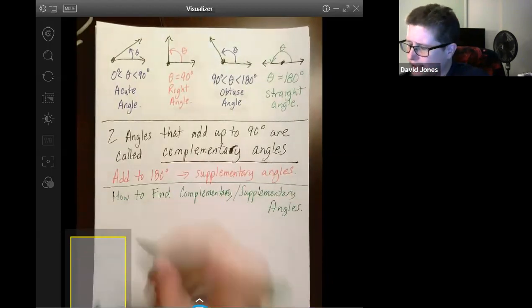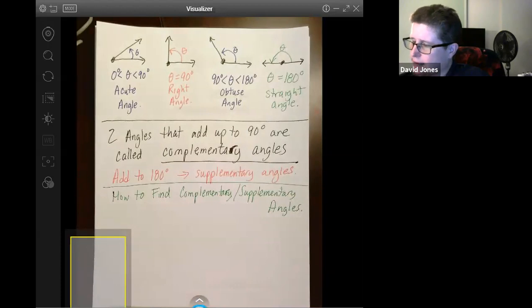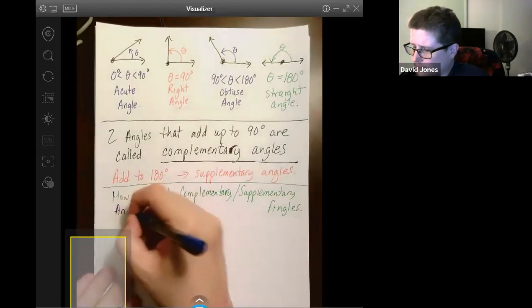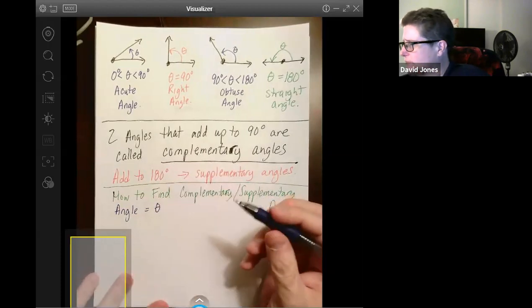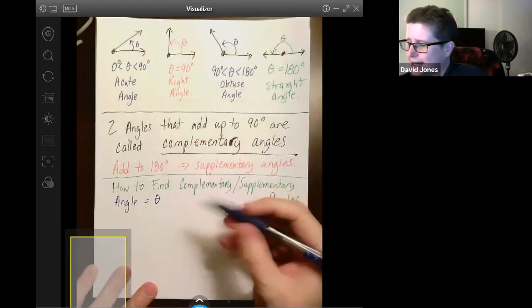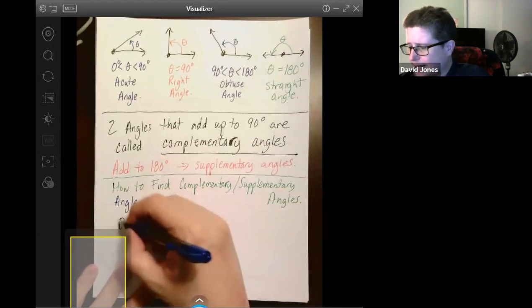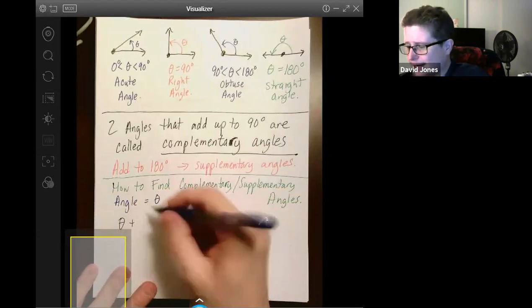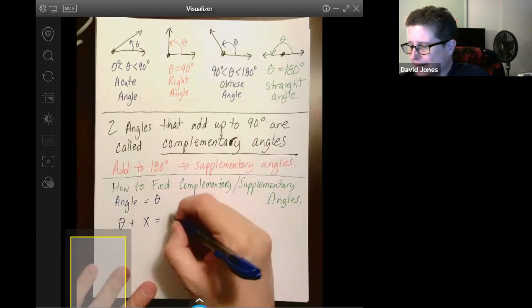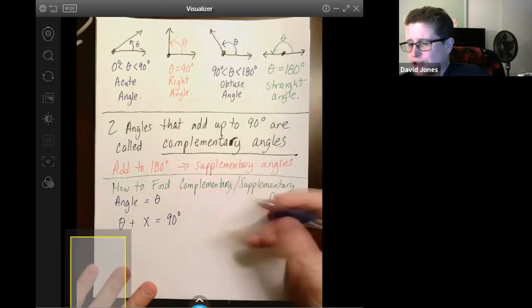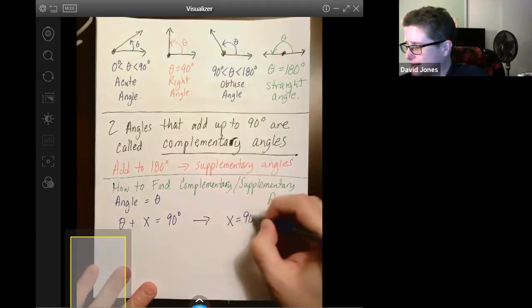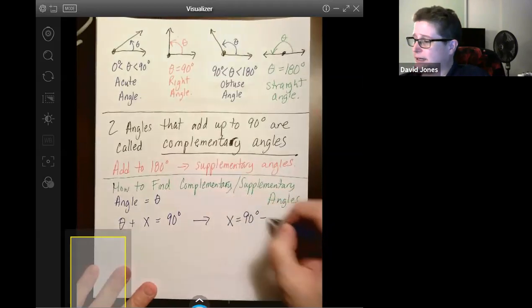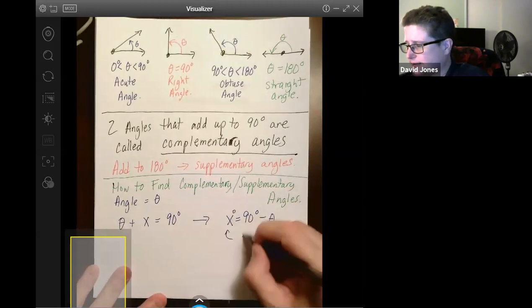So if our angle is theta, one way of looking at it is theta plus, let's say, another angle x has to add up to 90 degrees. Do a little bit of algebra, solve for x. X equals 90 degrees minus theta. So this would be the complement of theta.